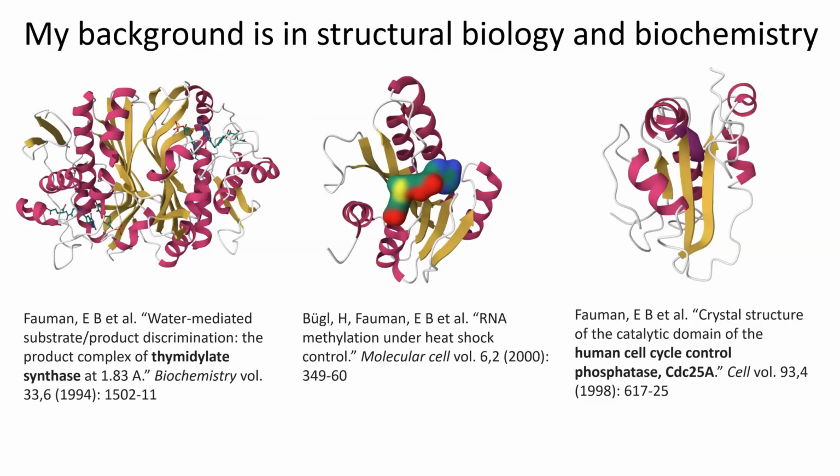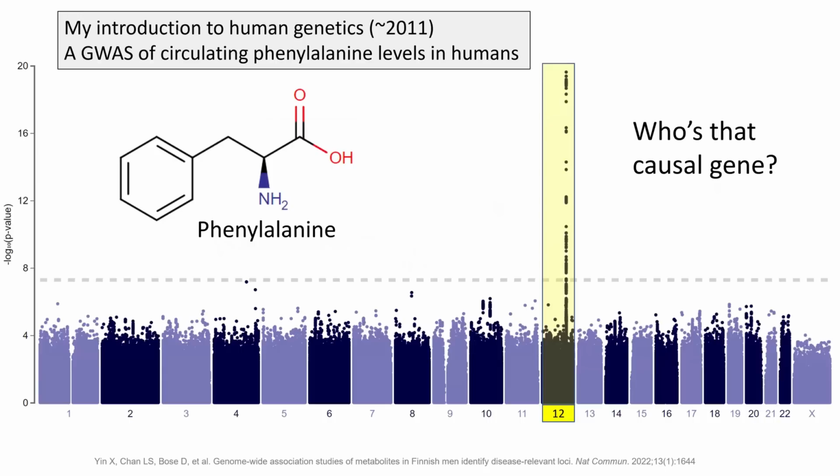My introduction to GWAS, and I've been at Pfizer now for 26 years, was when we had a collaboration with Nicole Soranzo to look at metabolite QTLs in the twins and Cora consortium.